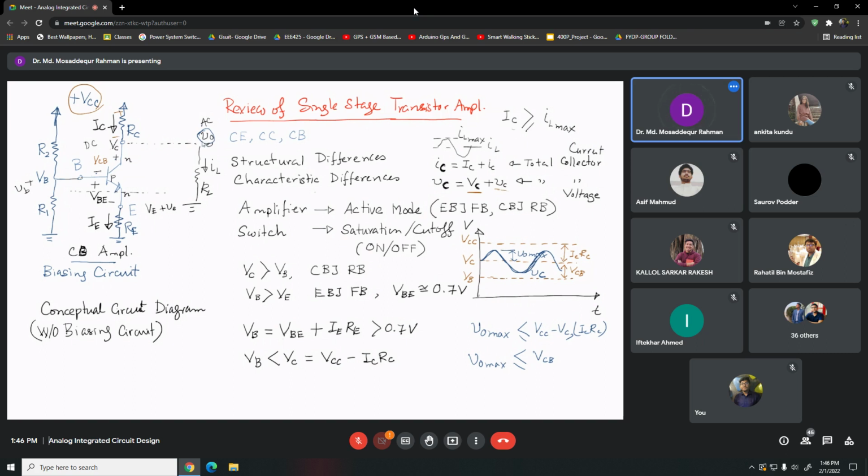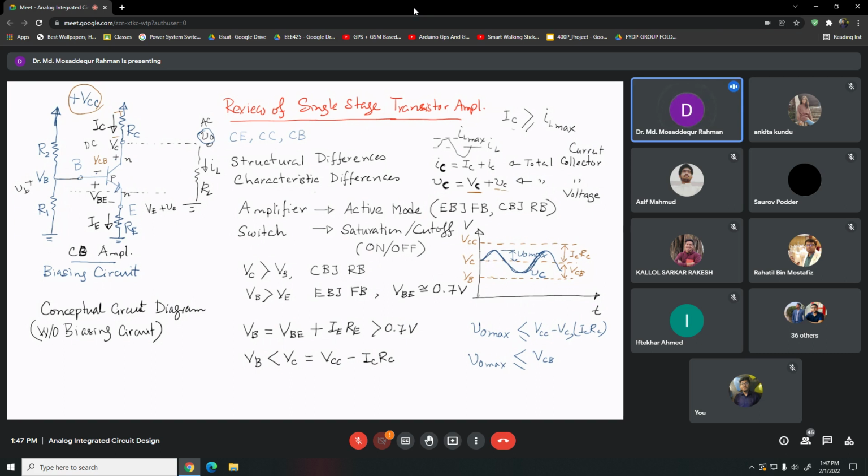So you have to set the DC collector voltage VC appropriately, so that it is somewhere in between and can accommodate this AC collector voltage, both the positive half and the negative half, in both directions. It can accommodate your output voltage.